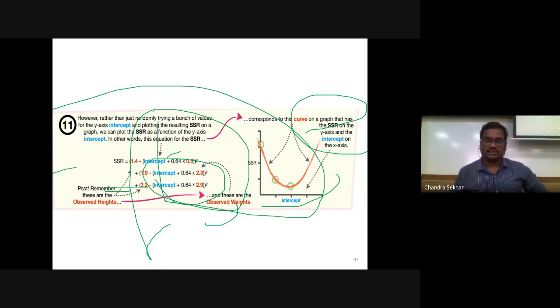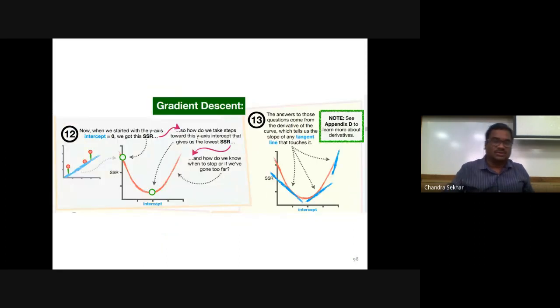What we are doing is changing the intercept from 0 and moving in the x direction. We are plotting various SSR values, and the value at which the curve is minimum, we choose that particular intercept value. So how to choose that?